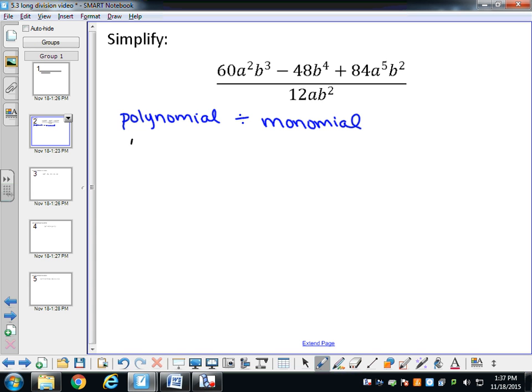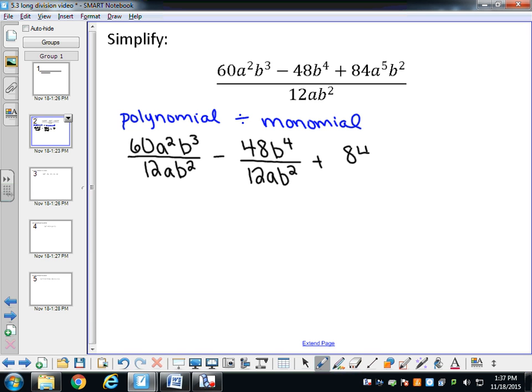That can be represented as 60a squared b cubed over 12a b squared minus 48 b to the fourth over 12a b squared plus 84 a to the fifth b squared over 12a b squared. Then look at each monomial separately and simplify that one.